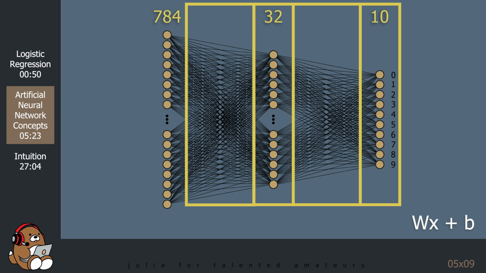These parameters are used in the linear part of this model, which is written Wx plus b. I'm not sure why the names of the parameters were changed from theta 1 and theta 0 to weights and biases, but it seems like a lot of terms have been renamed or rebranded for artificial neural networks.